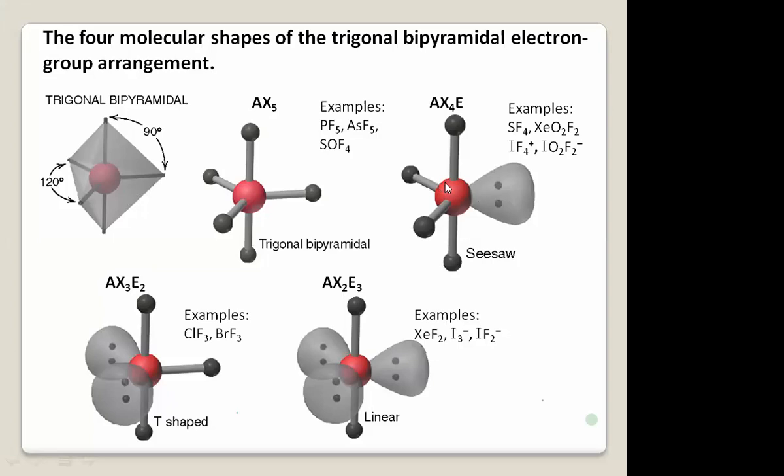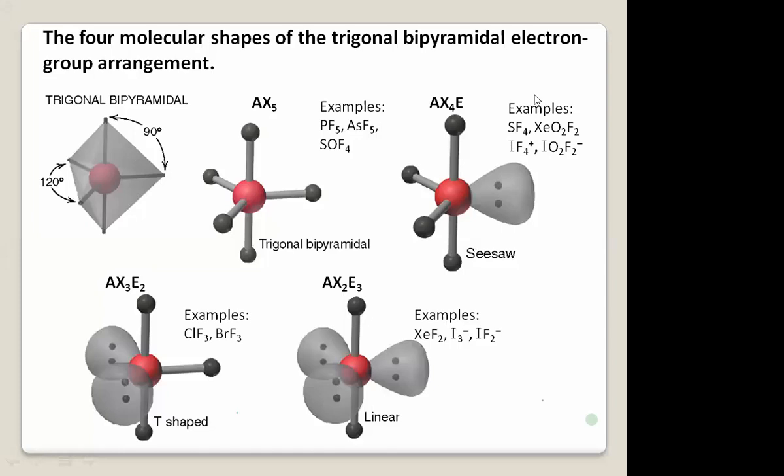And in the case of trigonal bipyramidal, the lone pair is always on the equatorial axis. This is the equatorial, the one that is planar, the trigonal planar part. So if you substitute one of the trigonal part with a lone pair, then you have a seesaw structure. And that is AX4E with one lone pair.